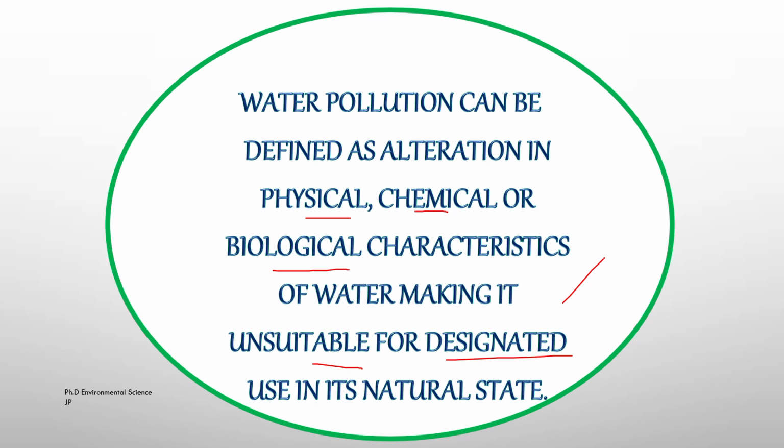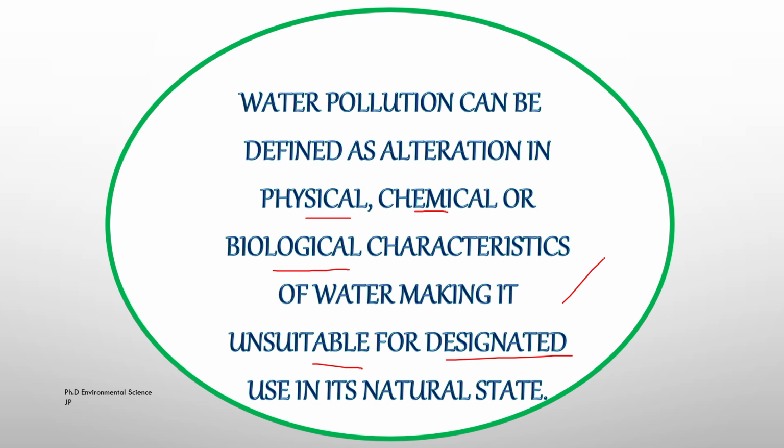Then biological characteristics. The presence of pollutants can lead to the growth of harmful algal blooms due to nutrient enrichment, or eutrophication, which depletes the dissolved oxygen levels in the water.